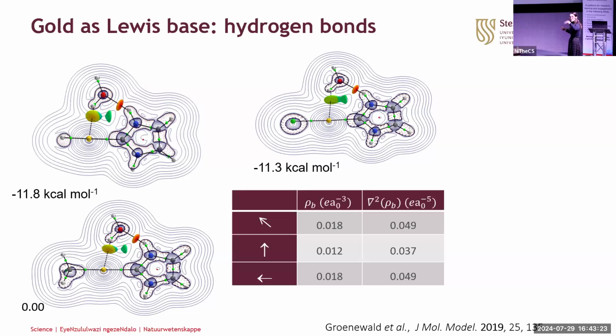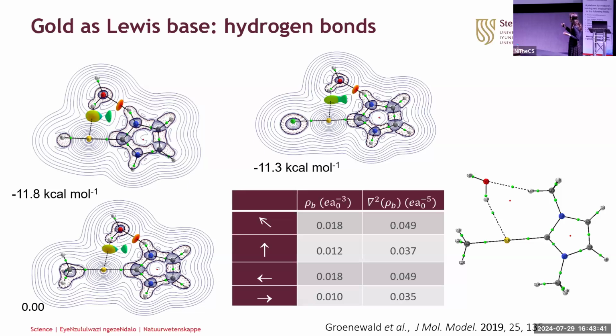So this value of the interaction energy is a combination of these two things. But knowing this relationship with the electron density at the bond critical point allows us to get an idea of what the strength of that interaction is. And we see that the interaction strength is again quite similar to what we saw before. We can try to break this hydrogen bond by adding a CH3 group on here.